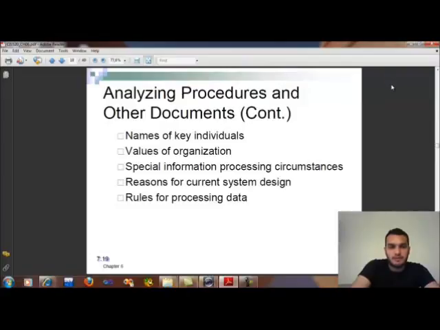And analyzing procedures and other documents continues here: names of key individuals, values of the organization, special information processing circumstances, reasons for current system design, and rules for processing data.